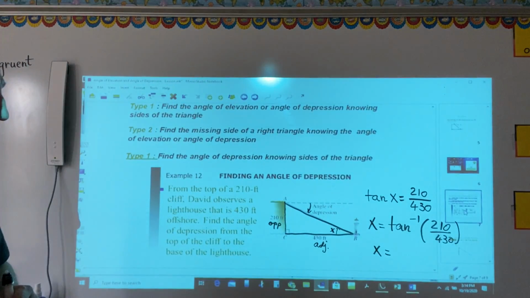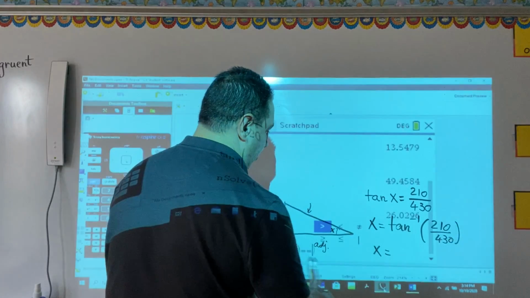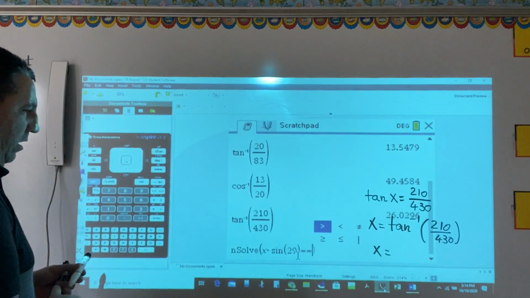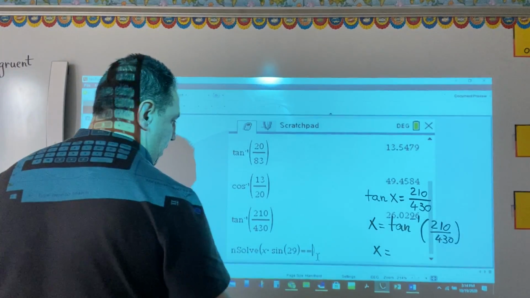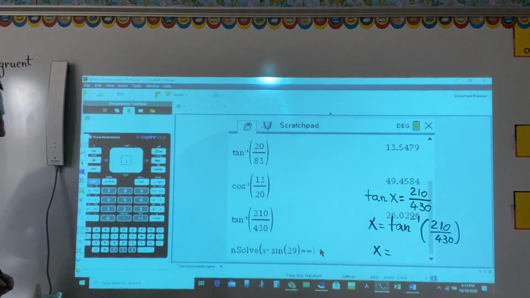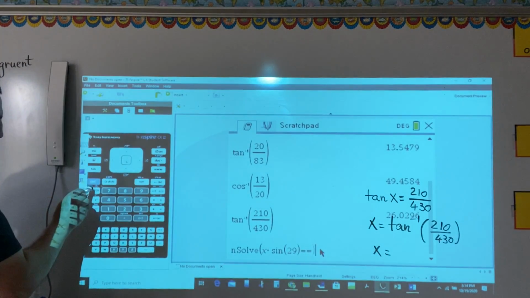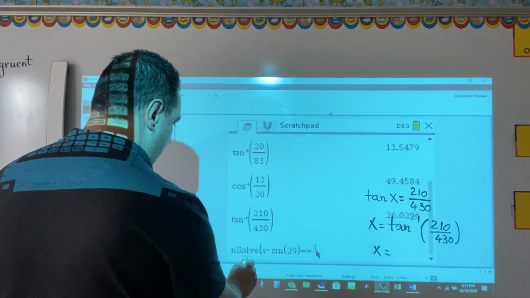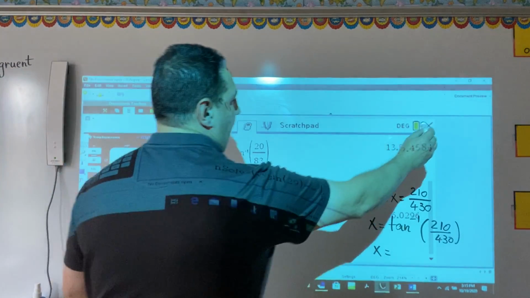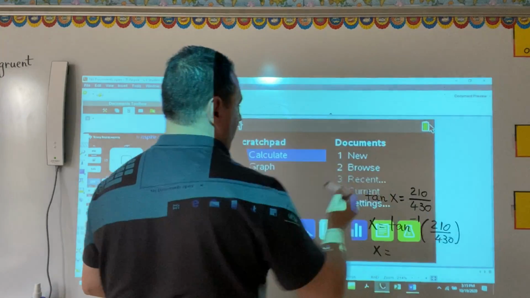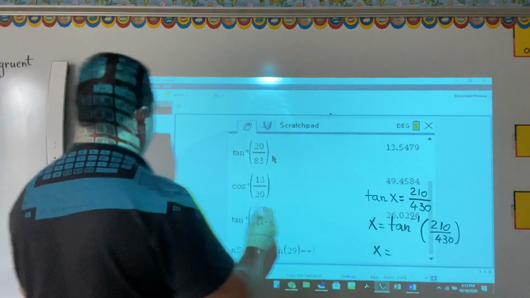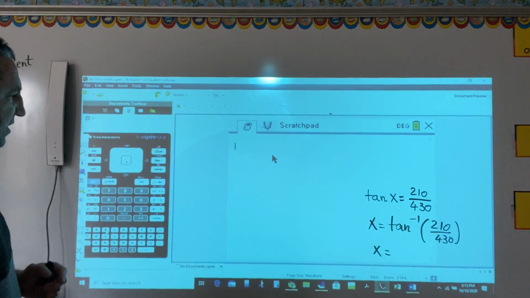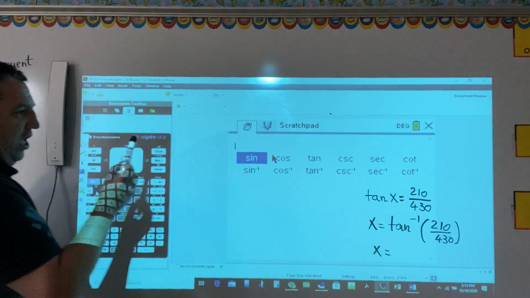So let's find x using the calculator. We use inverse of tangent, so we press trig because it's inverse.